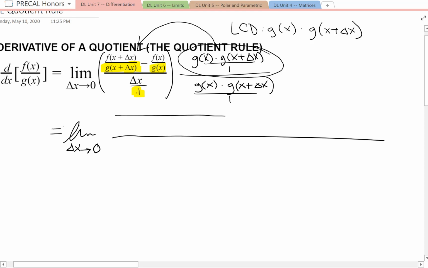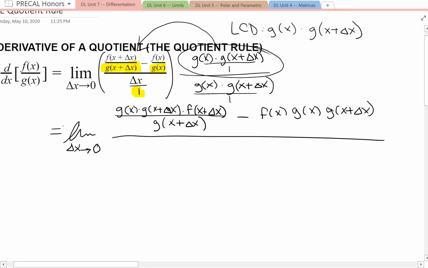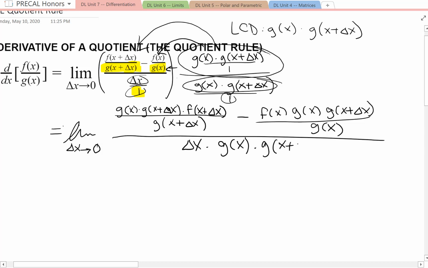The very first fraction will have this as its numerator and f of x plus delta x, so it'll be g of x times g of x plus delta x times f of x plus delta x over g of x plus delta x, minus f of x times g of x plus delta x over g of x, this denominator, over numerator times numerator, denominator times denominator, so that would be delta x times g of x times g of x plus delta x.